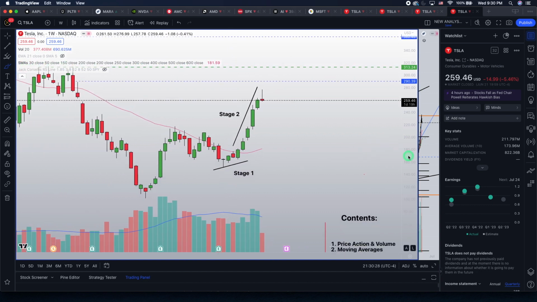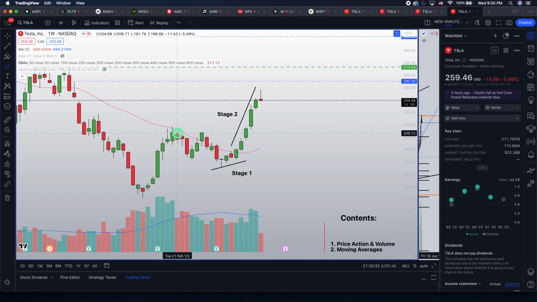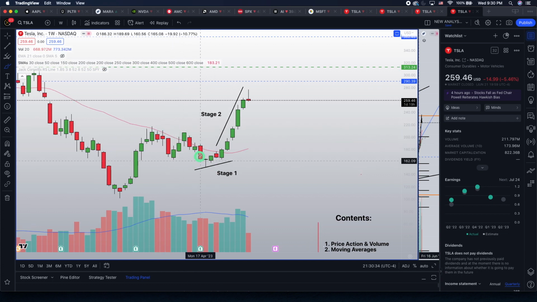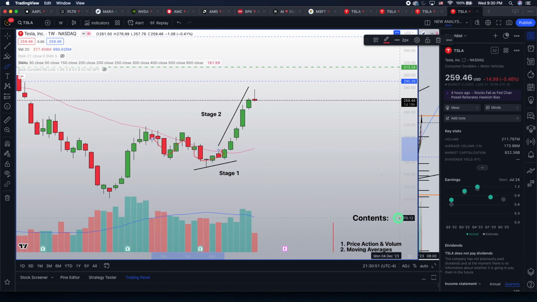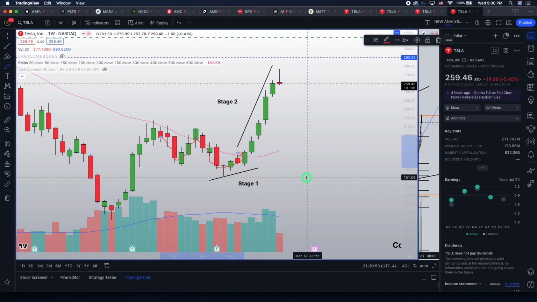But what's really important in analyzing the stage analysis is going to be the 30-week simple moving average, right? Usually in stage one, you're going to get some sort of consolidation right around your 30-week moving average. You're usually trading under it, hovering around that 30-week moving average, and you'll know you're forming your base from which you're going to get a breakout.